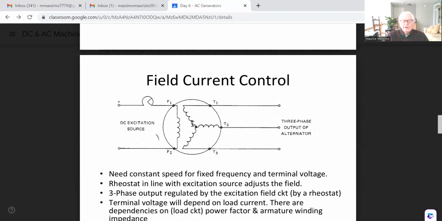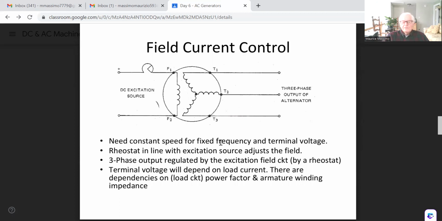And for three-phase, we get three different phase outputs, and each one we'll call T1, T2, and T3. We get a three-phase alternator output.